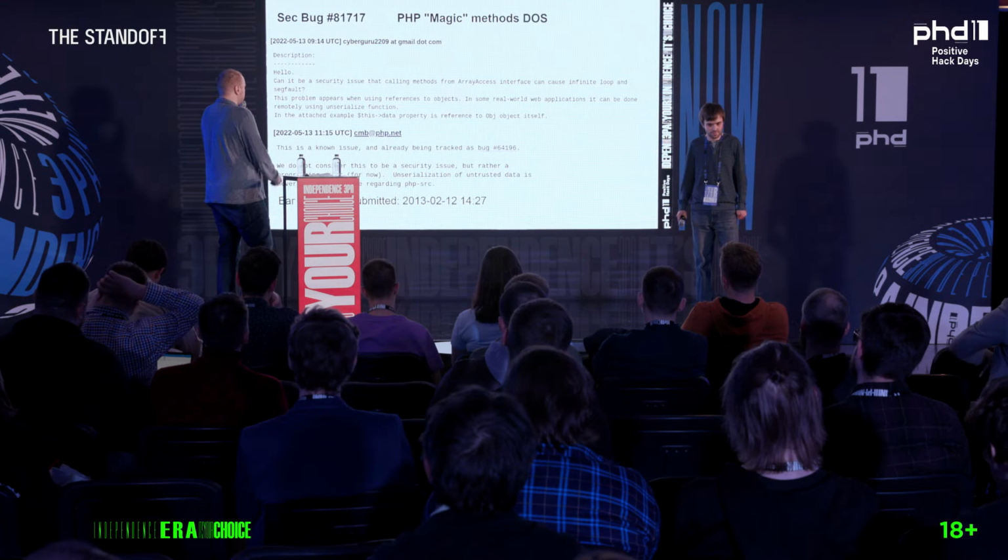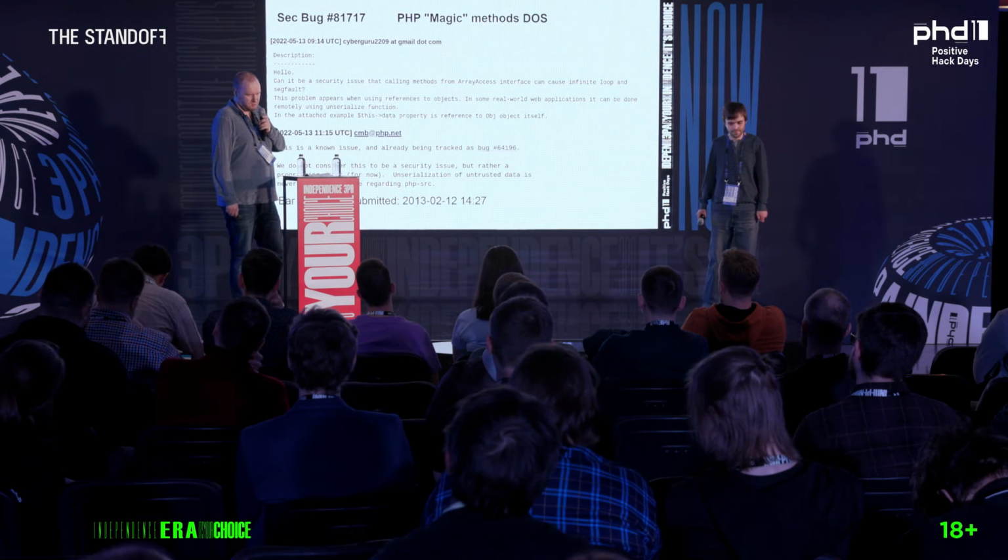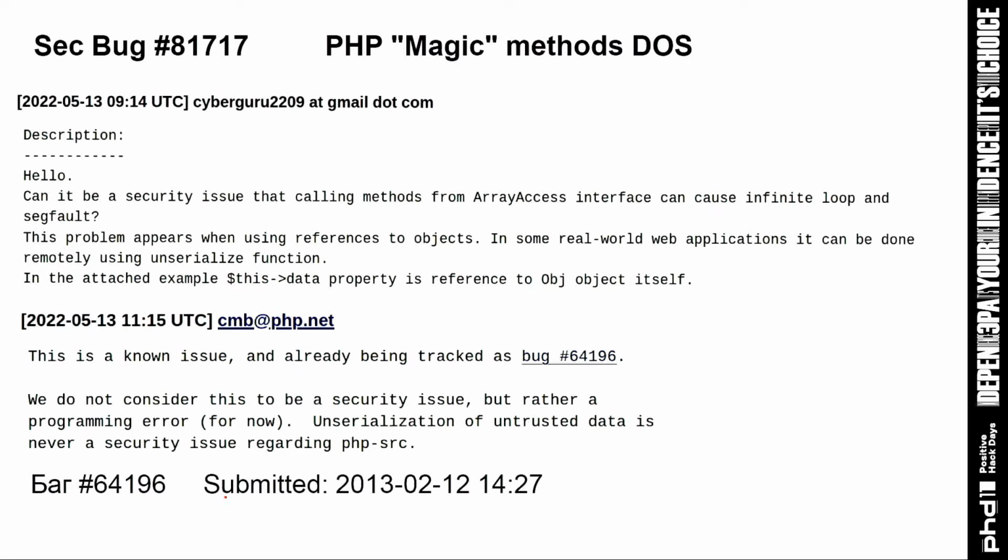And now on to binary vulnerabilities, starting with the simplest ones, the ones that are not very detrimental, but quite unpleasant. When we looked at the so-called magic PHP methods, we did identify an unfixed DoS.